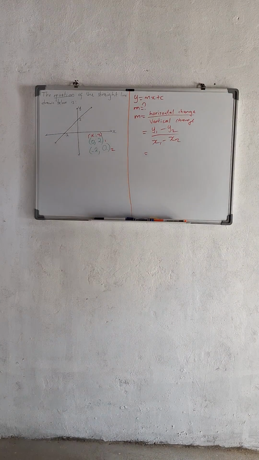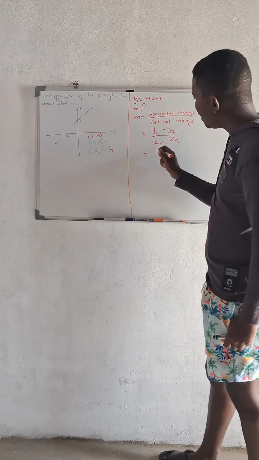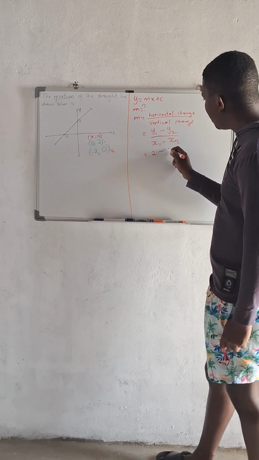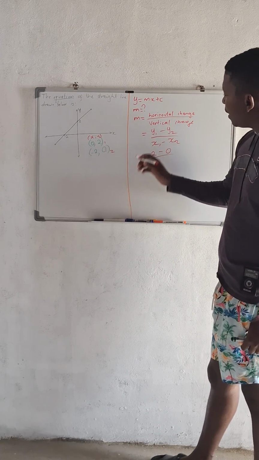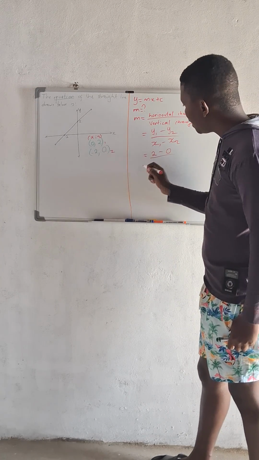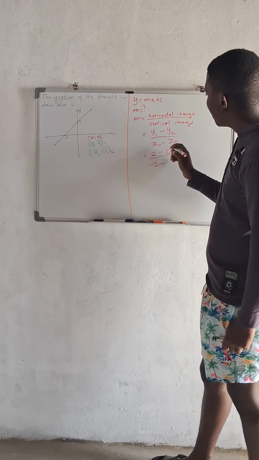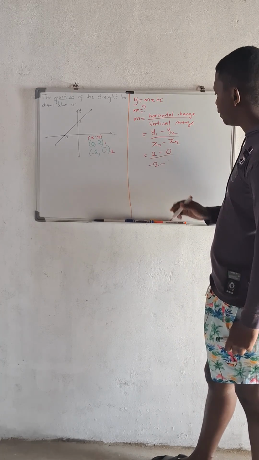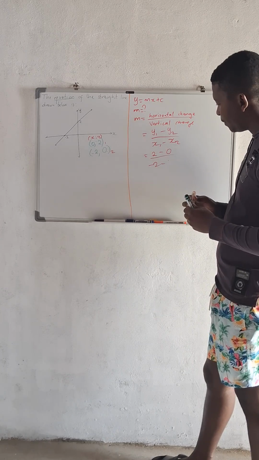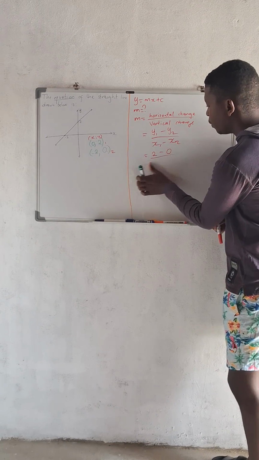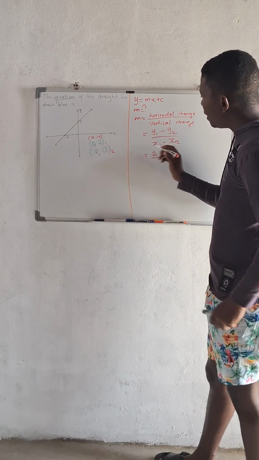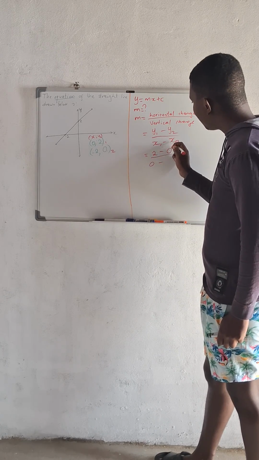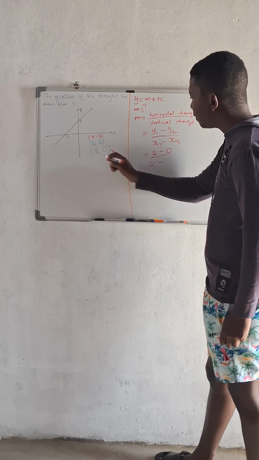Let us continue. The y value in the first coordinate is 2 minus the y value in the second coordinate, which is 0, all over the x value. Sorry, I made a mistake there. The x value in the first coordinate is 0 minus the x value in the second coordinate, which is -2.